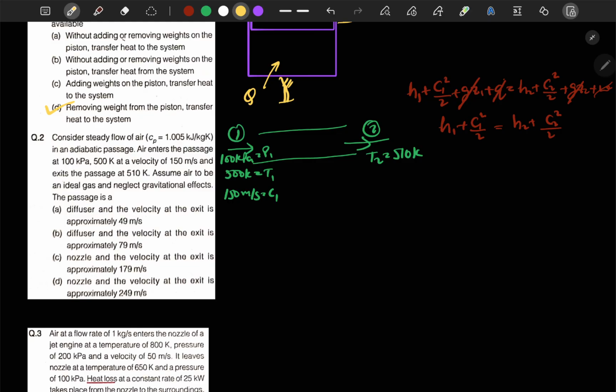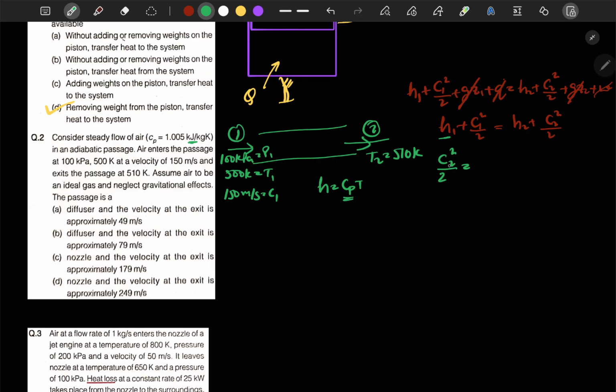Now this value of H can be calculated by using Cp T. Since we have to calculate C2, just remember one thing: when we use H equals Cp into T, Cp is given in kilojoule per kg Kelvin, so we will receive the value of H in kilojoule.